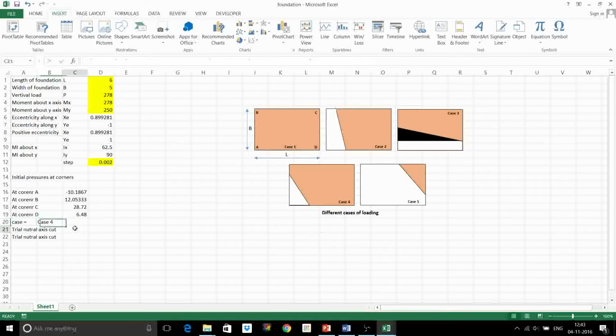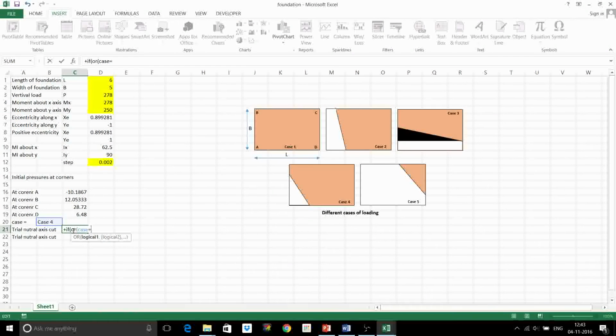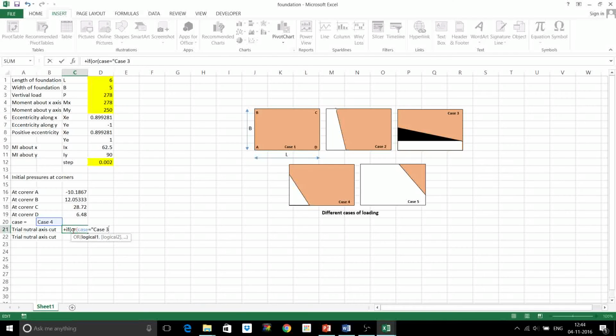Okay. So if case 3 and 4, the neutral axis cuts AB. If case is equal to case 3 or case is equal to case 4, then it cuts AB.